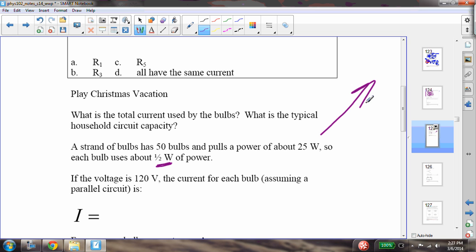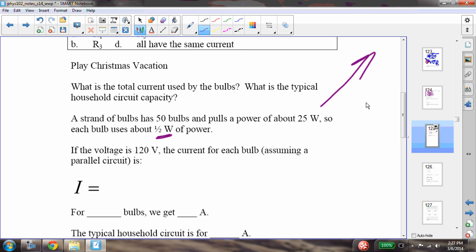Okay, so now we have, I don't know, maybe about 10,000 bulbs, and each of them pulls about a half a watt of power. So I can figure out what the current is. That is going to be P over V. If each bulb has a half a watt of power output, and the voltage given for each bulb is 120 volts.